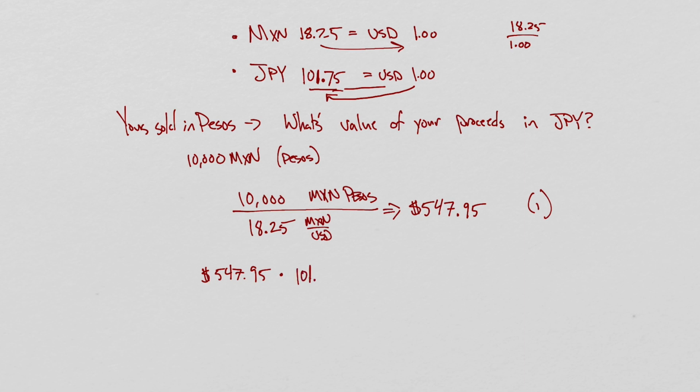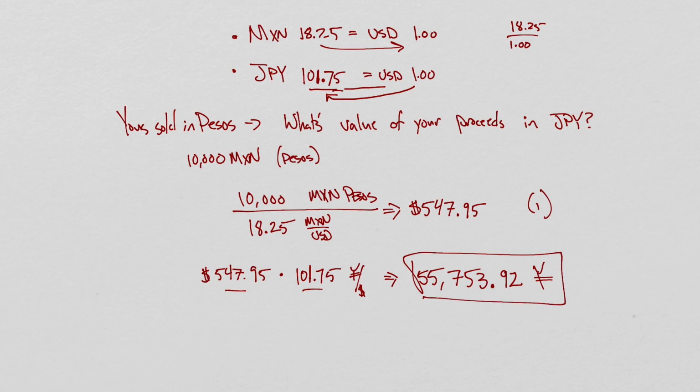I'm going to multiply the exchange rate, the Japanese yen versus my current amount that I'm trying to translate, the spot rate. And that's going to give me 55,753.92 yen. And so these are my proceeds, 55,000 yen. I sold this machine for 10,000 pesos, and I end up through this 2-step process with 55,000 yen.